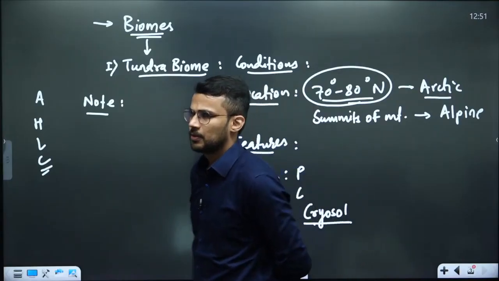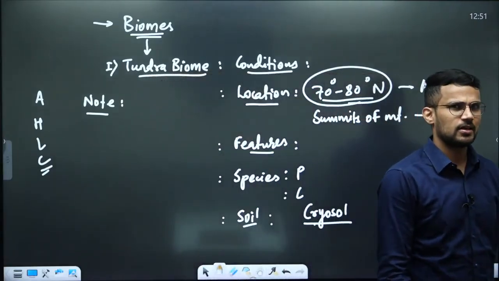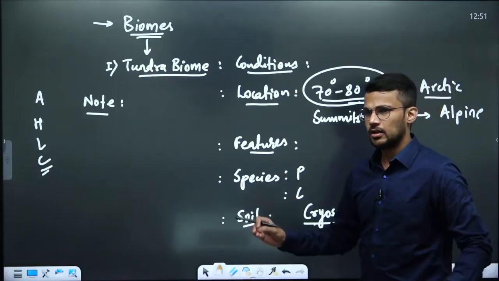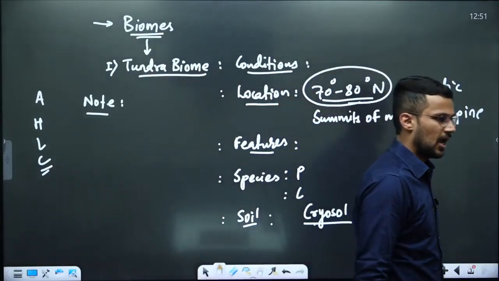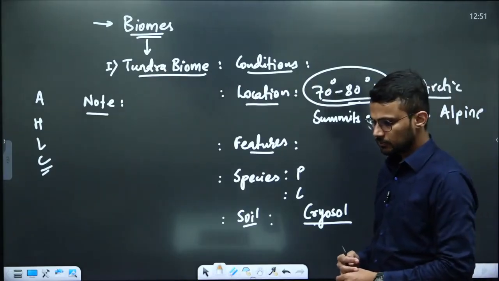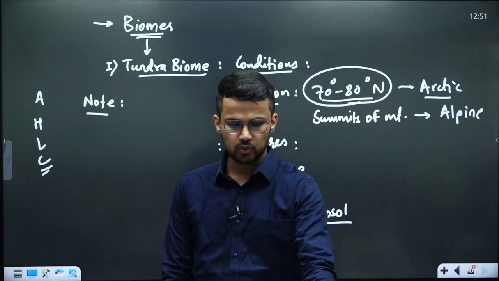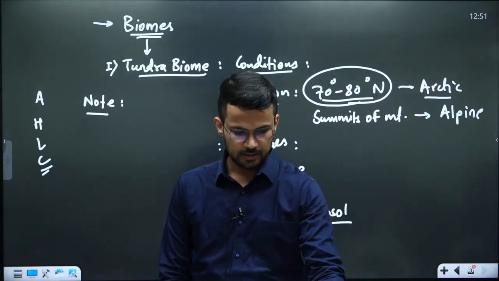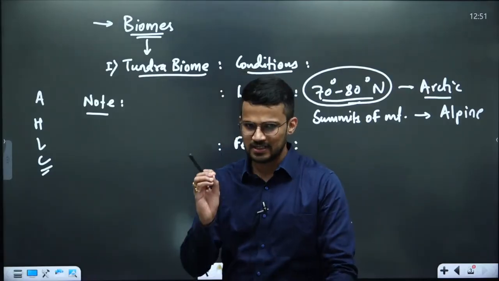Sparse, S-P-A-R-S-E, sparse, right? And it is not in the form of Arctic tundra. Okay. So is it present?